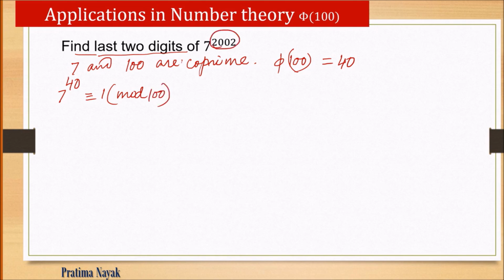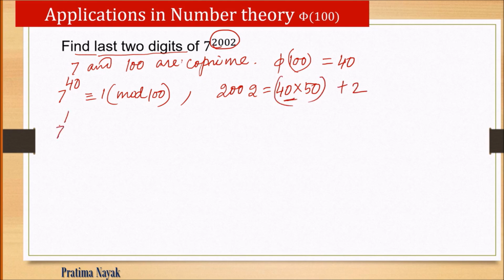2002 we will convert in terms of 40. 2002 can be written as 40 multiplied by 50 plus 2. So I need a multiple of 40.